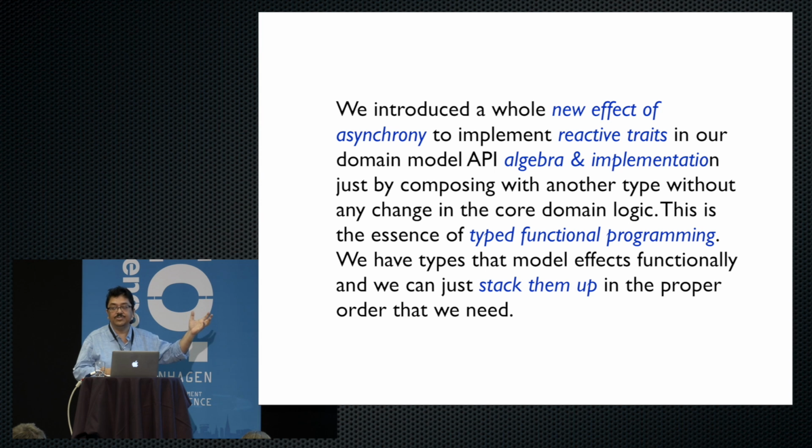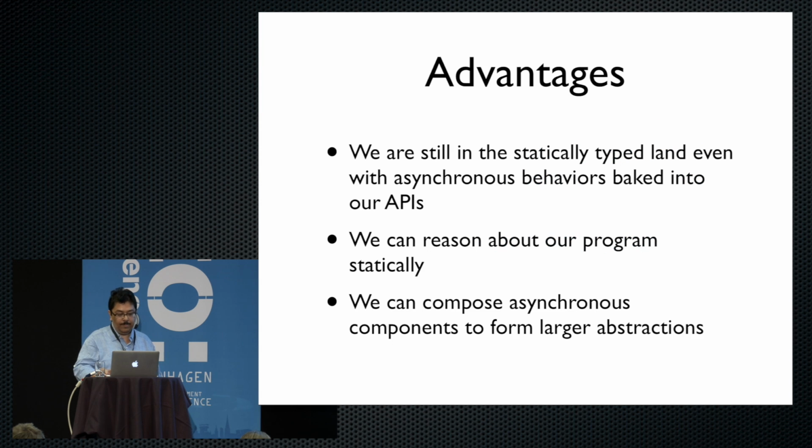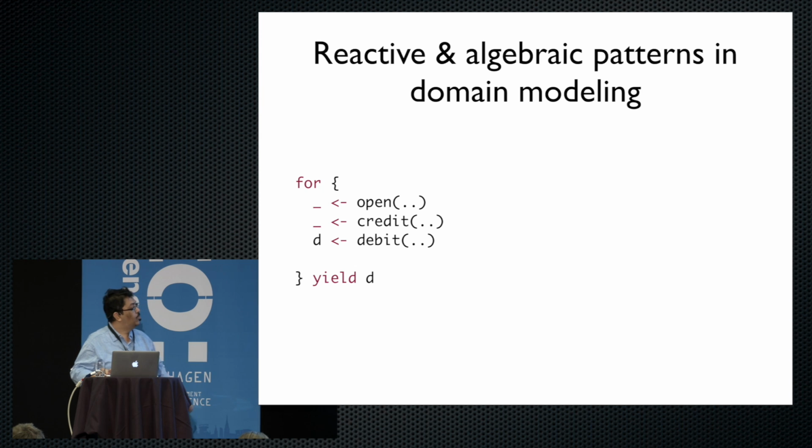Future has an algebra, so the entire structure, the entire return type, can be verified algebraically. We are still in the statically typed land with asynchronous behaviors baked into our APIs. We can reason about our program statically. We can compose asynchronous components to form larger abstractions. And the composition part remains the same. Previously also we were able to compose like this.